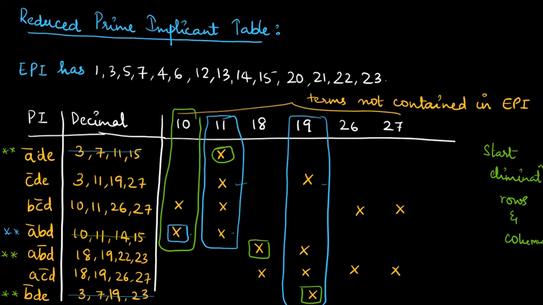So the entire column 18 has to be blocked. I just missed out one X.